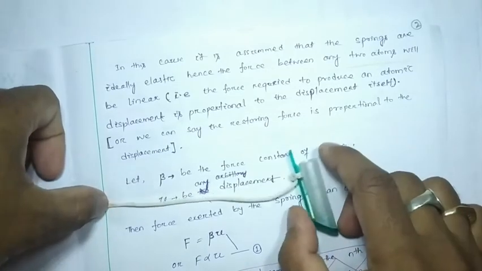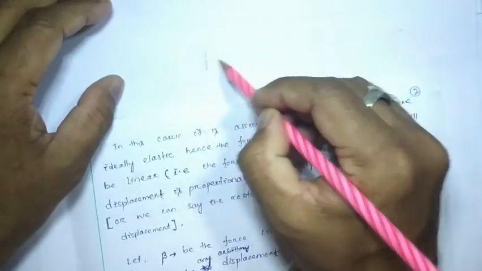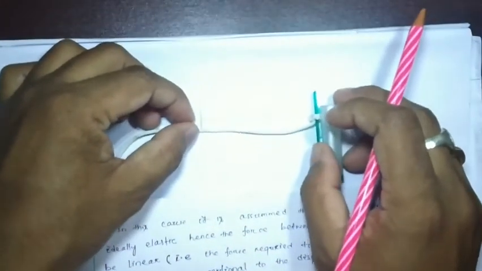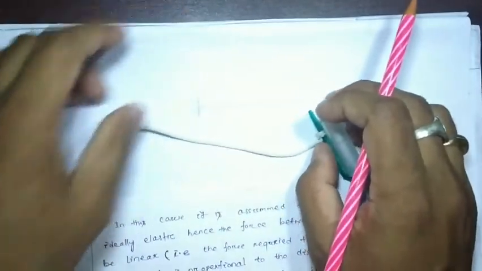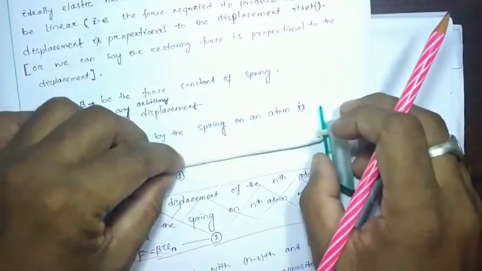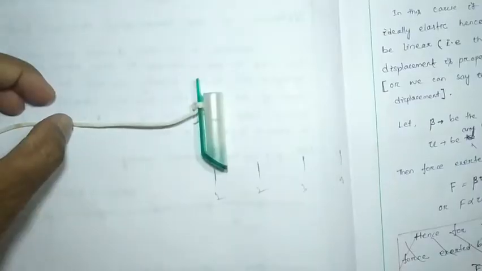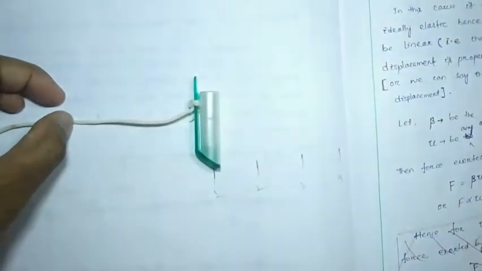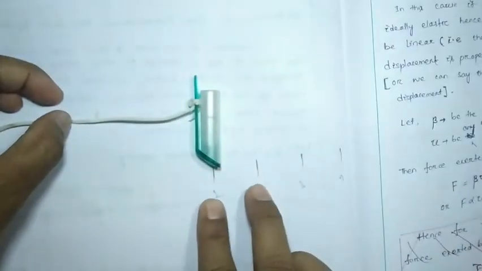Suppose this is the origin and this is our length. Suppose initially the atom is here, attached with a spring, a fully elastic one. Suppose these distances are equal.